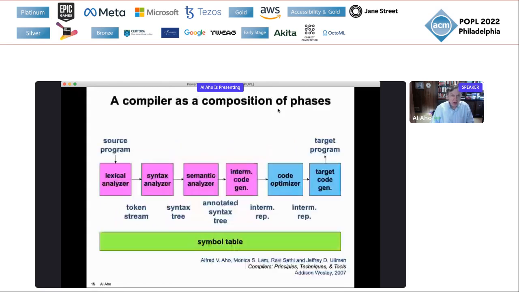A significant contribution to compiler design occurred in the 1960s and 70s when we started picturing a compiler as a composition of phases that translated the source program into a sequence of semantically equivalent lower-level representations from which the target program is finally generated. The phases shown in violet in this slide are called the front end of the compiler, and the phases in blue, the back end.